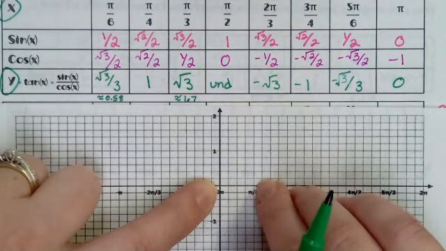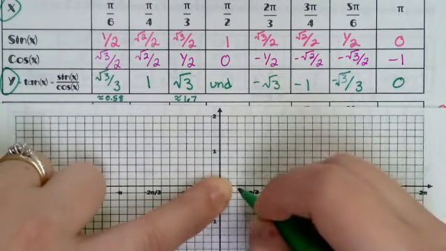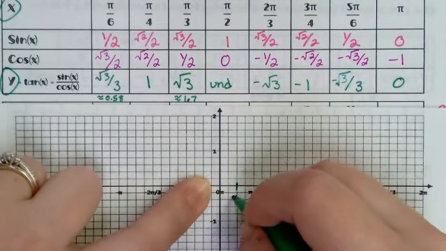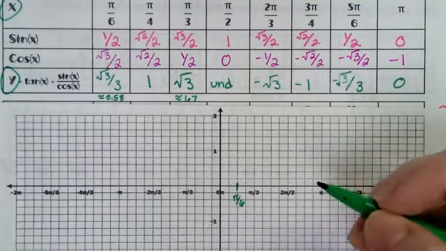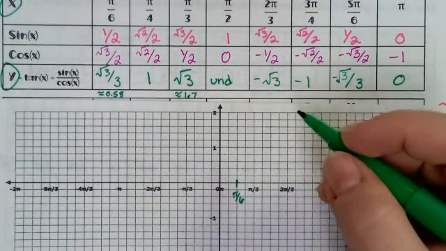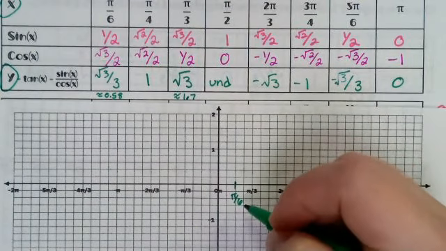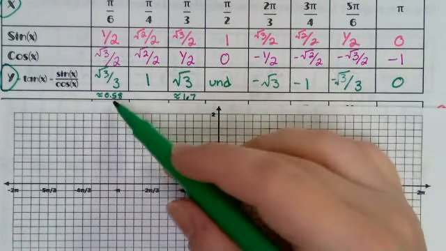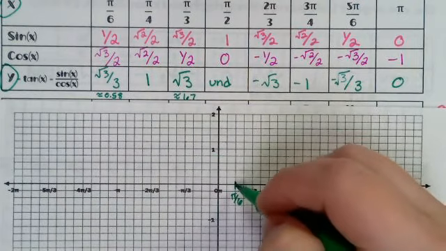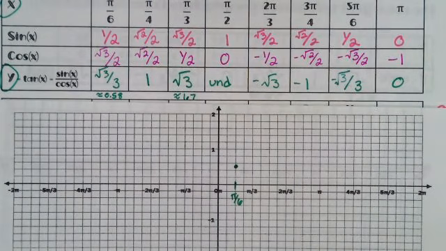Pi over 6 is going to be directly between 0 and pi over 3. So if you look right here, this is where pi over 6 lives. Okay, and you can mark it if you wish. I'm not going to mark every single one of these because it just becomes tedious, but we can mark some. All right, pi over 6, and then I'm going to go up to 0.58-ish. So that's a little more than halfway to the 1, just like that.